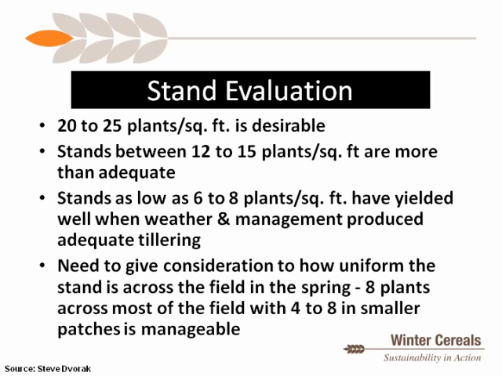What are our recommendations? Well, optimally, we'd like to have about 20 to 25 plants per square foot. But stands between 12 to 15 plants are generally more than adequate. And stands of 6 to 8 plants have yielded well in many situations.